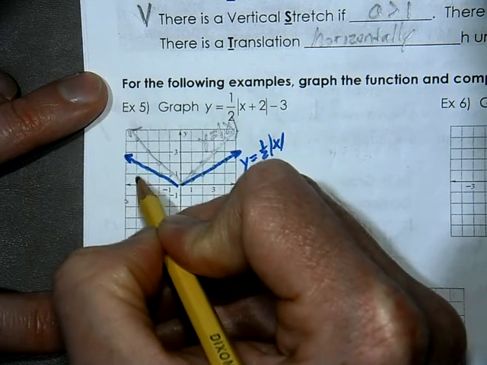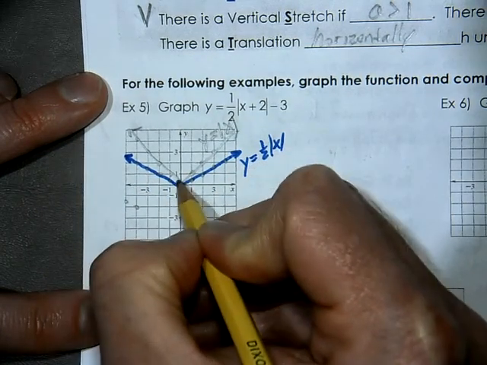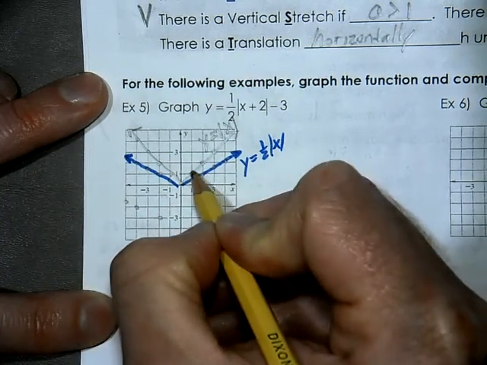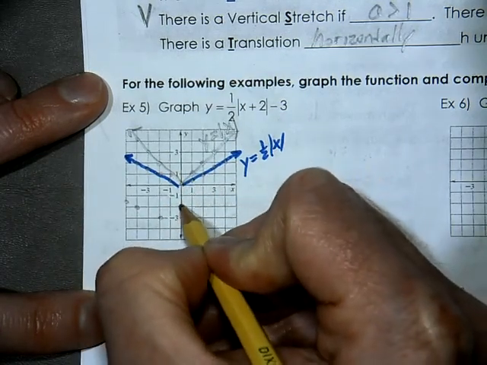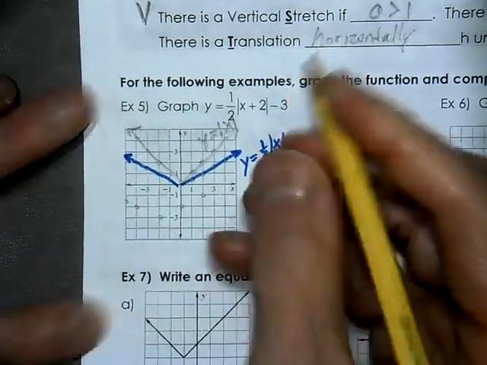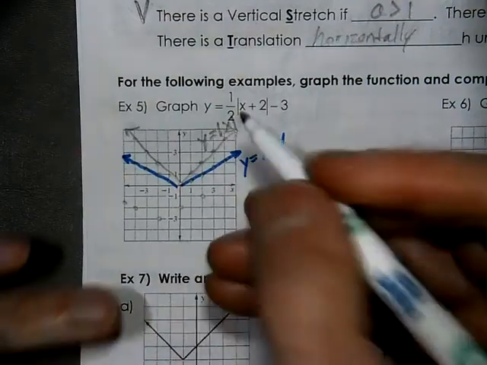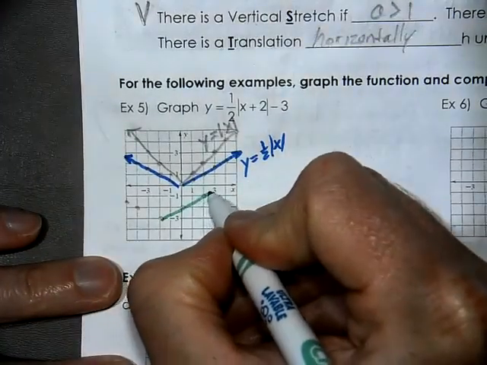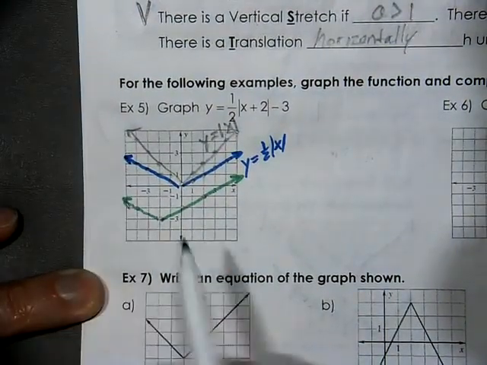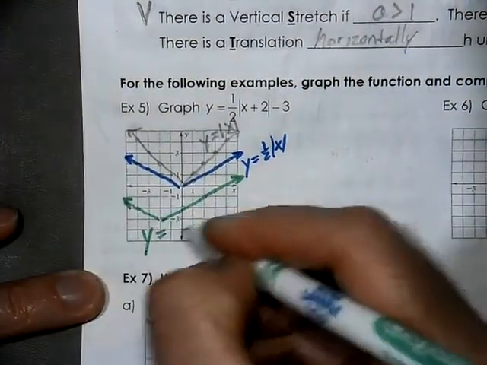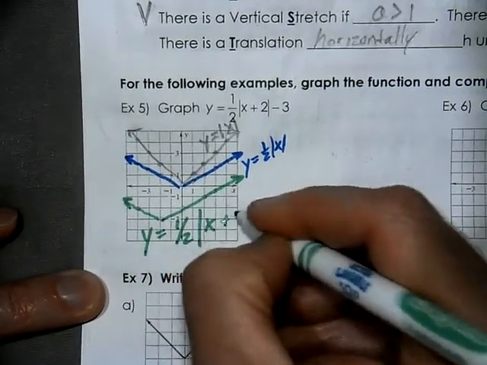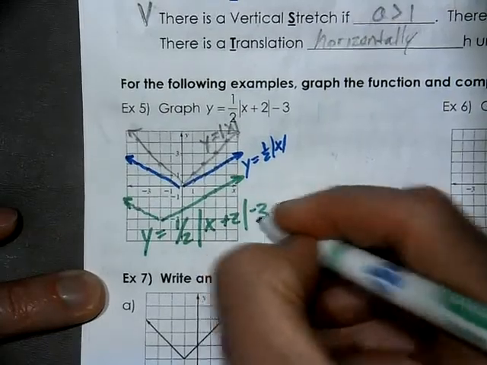Two units to the left, 3 units down. So that's going to be y equals 1/2 absolute value of x plus 2, minus 3.